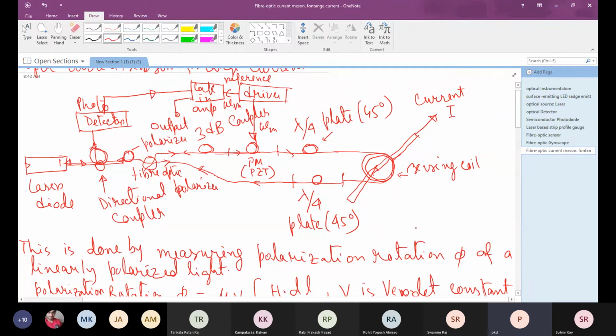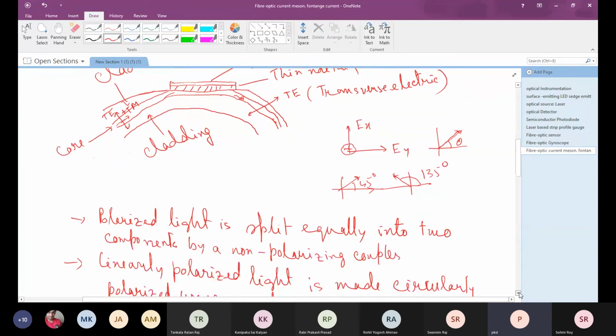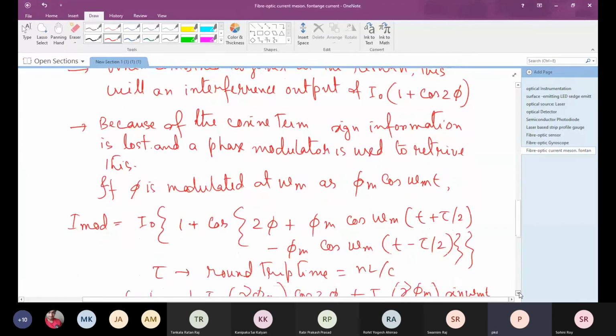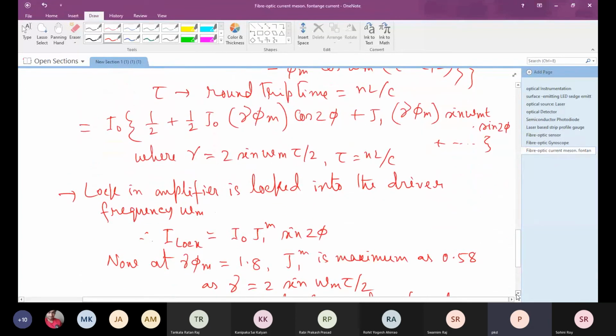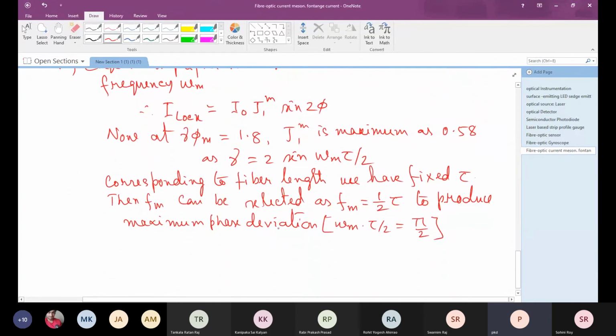So to make the overall rotation high, generally these kinds of sensing coils are already twisted and the circular twist is frozen into the fiber, such that we have a large rotation already frozen into the fiber, and then the effect of bending no longer produces a high deviating effect from the circular rotation.